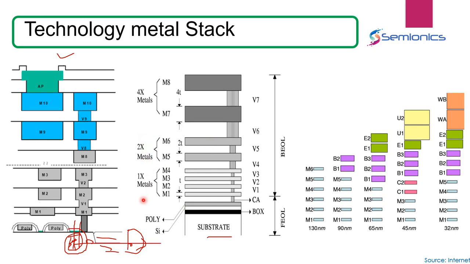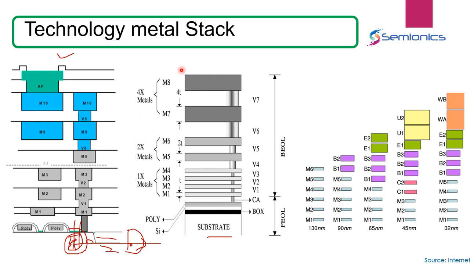What it means is that 1x has 4 metals with 1 width. There are 2 metals with 2x width, which is double the width of these. Say this metal strip, metal 5, is double the width of metal 4, or metal 3, or metal 2, or metal 1. That's why it's saying 2x, twice the width.